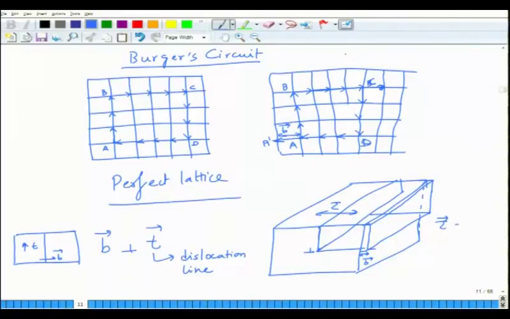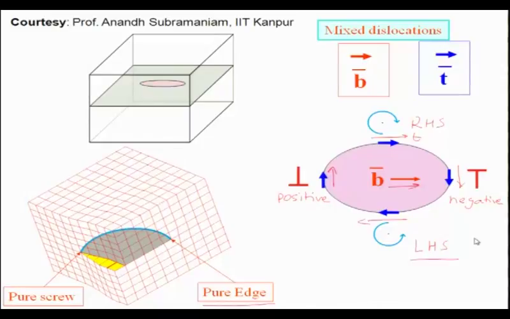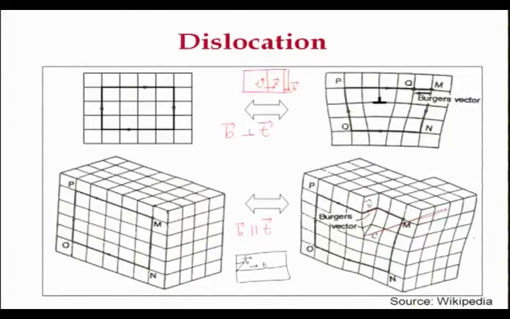Tau is parallel to B and tau is perpendicular to T. If you look at the screw dislocation case, it is the other way around. In case of screw dislocation, if you want to apply the shear stress, the stress has to be applied in this direction, this is the stress axis. So stress is parallel to the Burgers vector and is also parallel to the dislocation line.